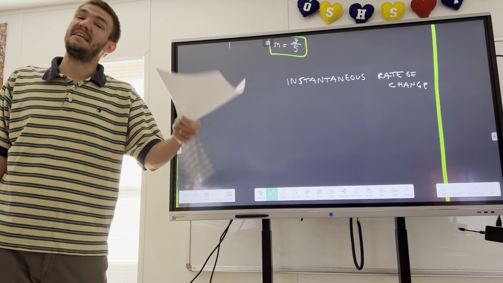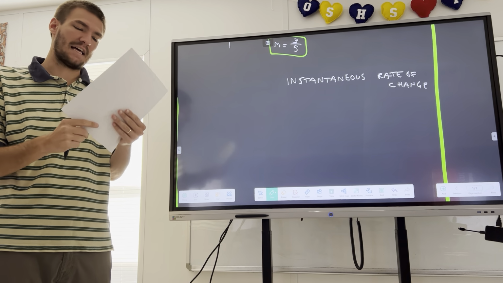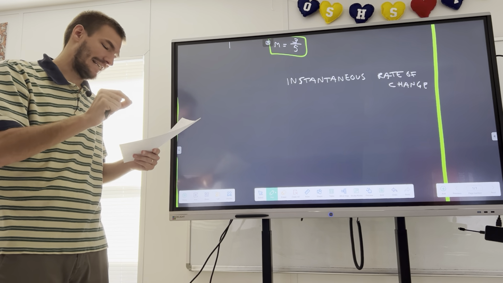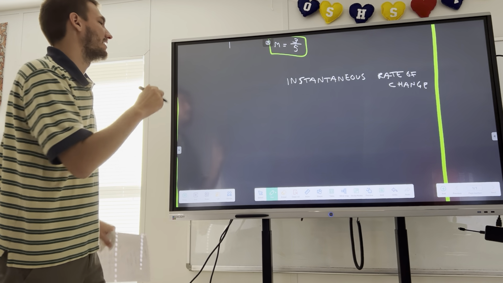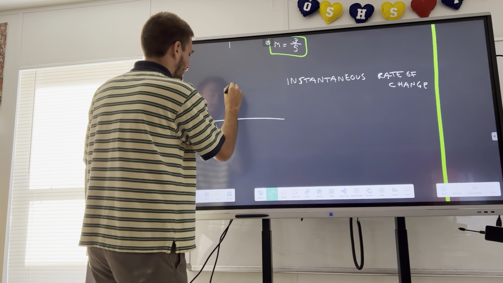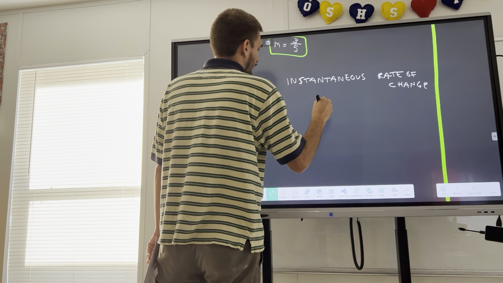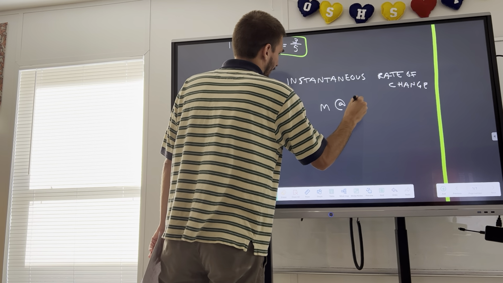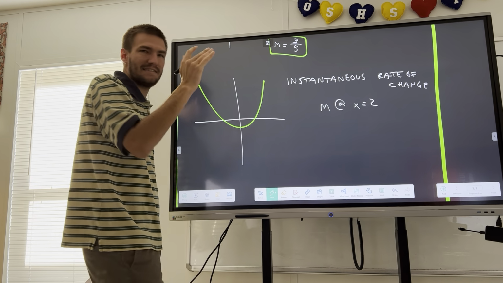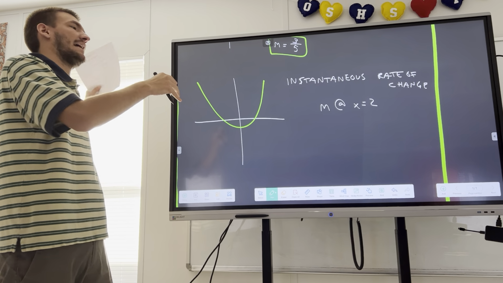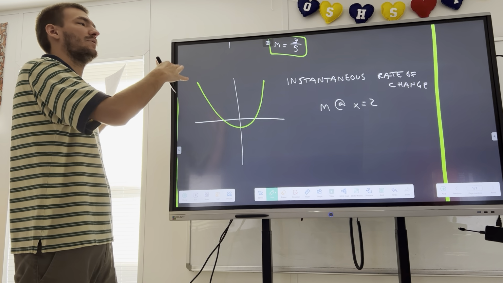So the instantaneous rate of change is that rate of change exactly at the exact same point. So that means that if we're looking for the gradient at x equals 2, that's it. We're not going to be considering any other coordinates. We're not going to be doing average rate of change.